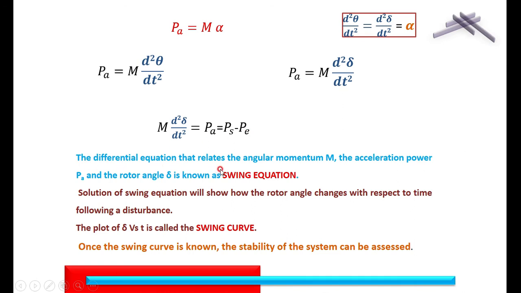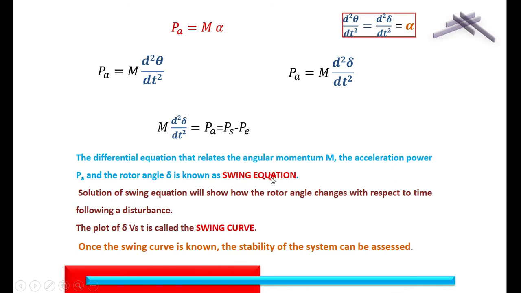The differential equation that relates the angular momentum m, the accelerating power Pa and the rotor angle delta is known as swing equation. It is a relation between angular momentum, acceleration and accelerating power.